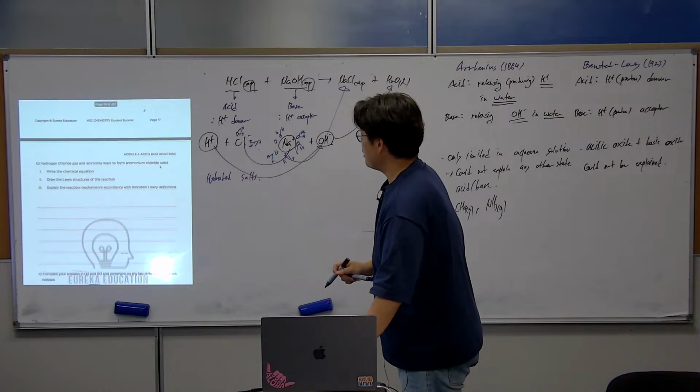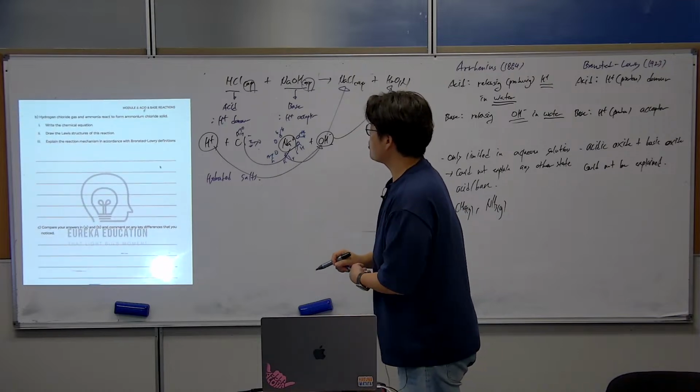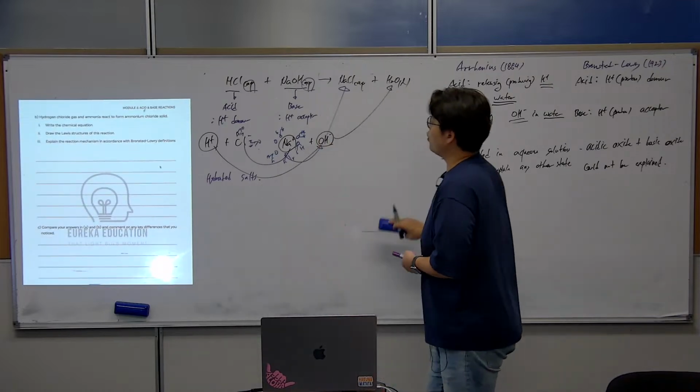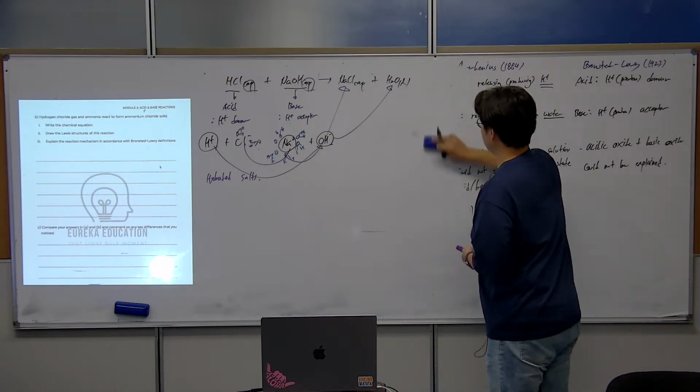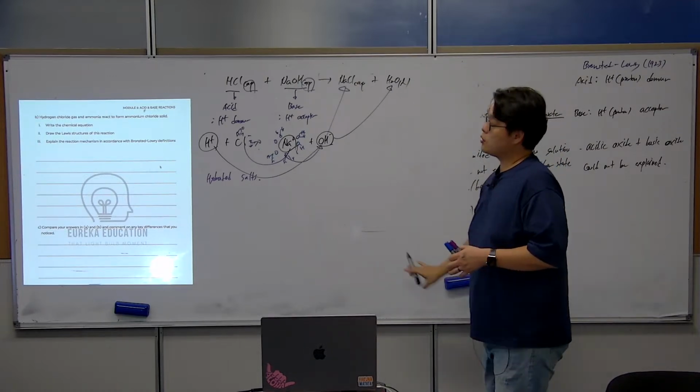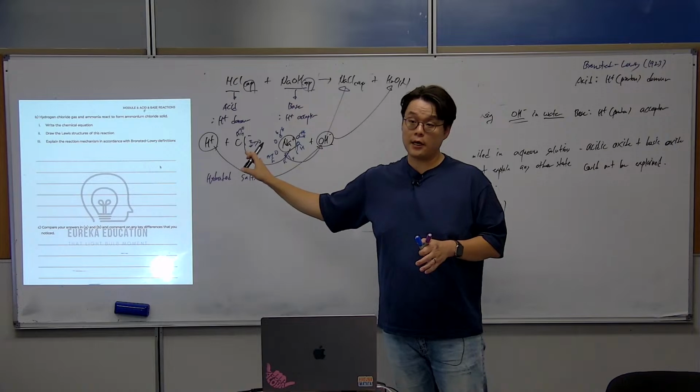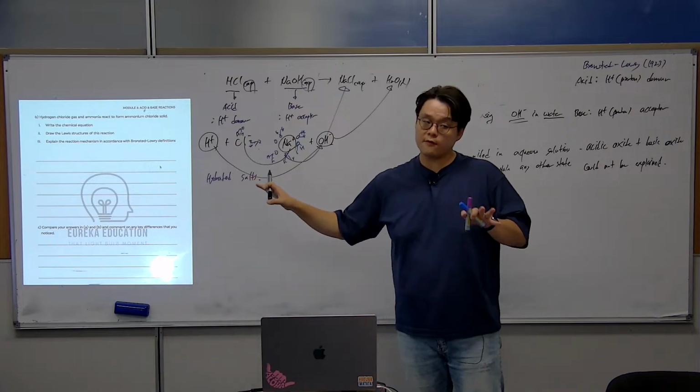What about B? Could you try for B, please? Hydrogen chloride gas and ammonia react to form ammonium chloride solid. That is also known as the acid and base reaction, neutralization, even though it doesn't form the water.